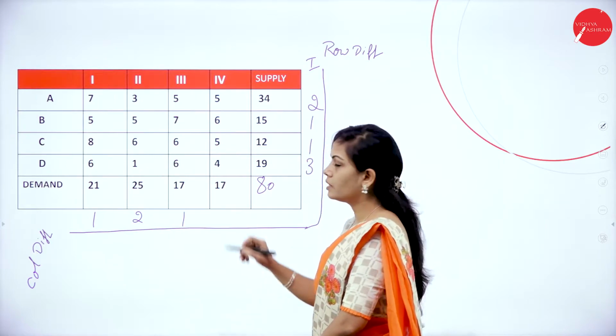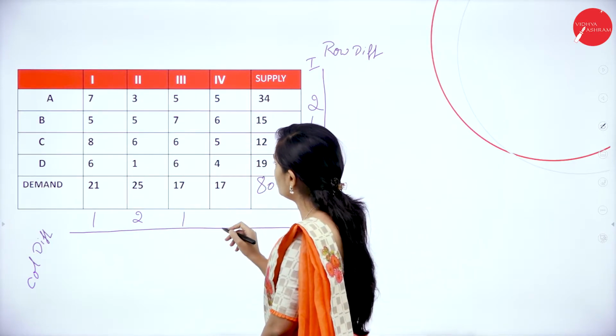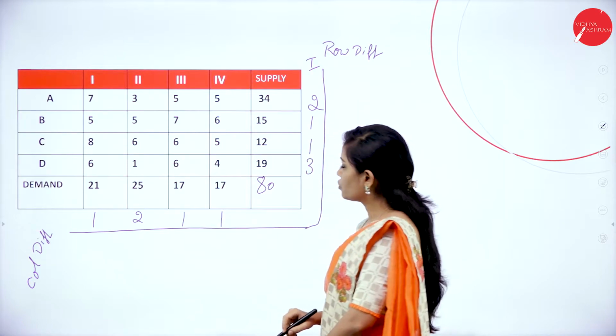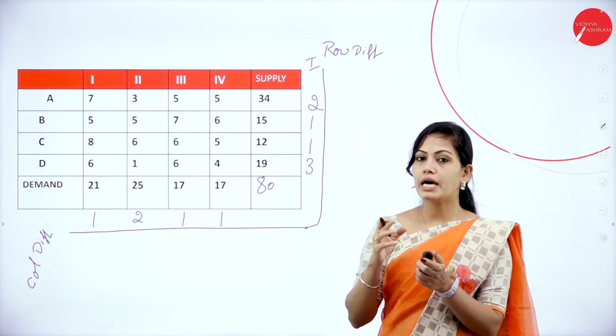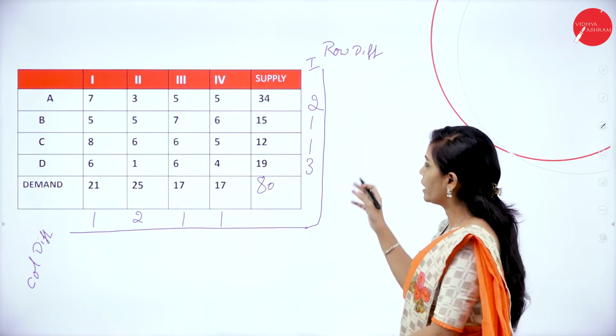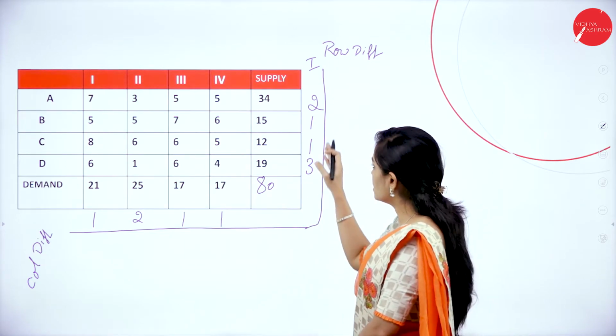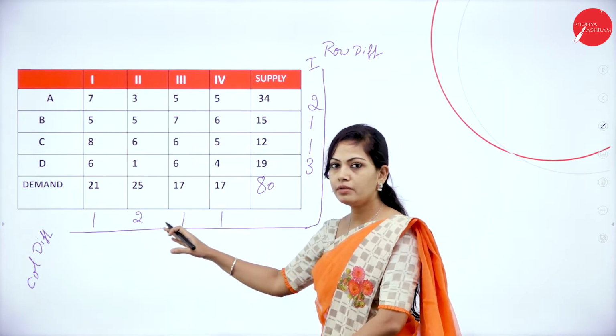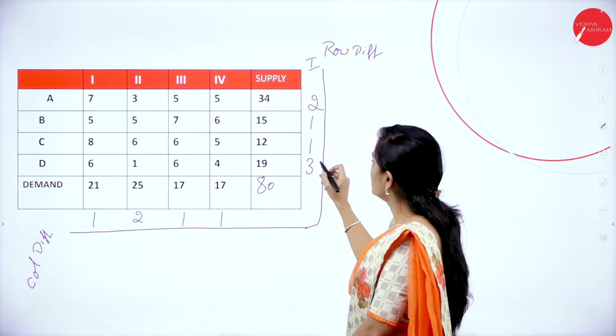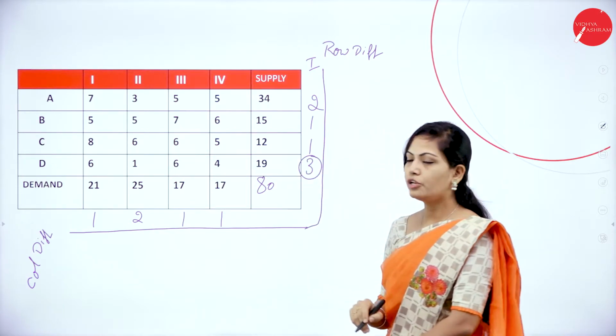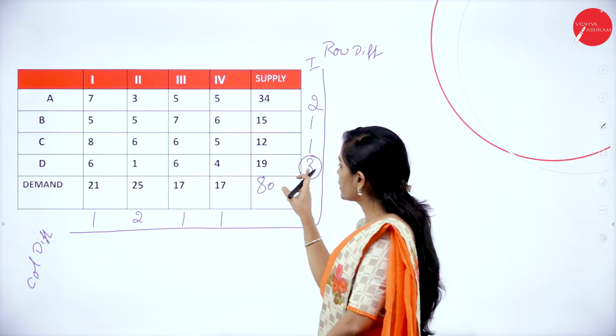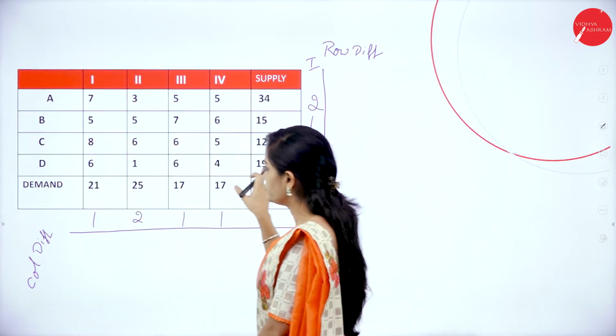In the fourth column, least values 4 and 5, difference is 1. So now you consider the highest penalty cost in row difference and column difference. So here 3 is the highest value. So I will consider 3. It comes under this row.